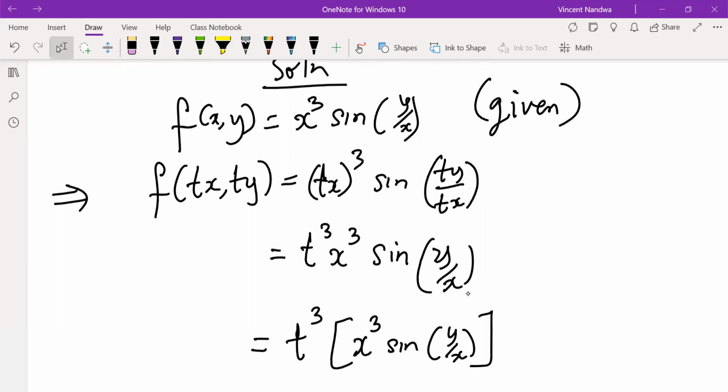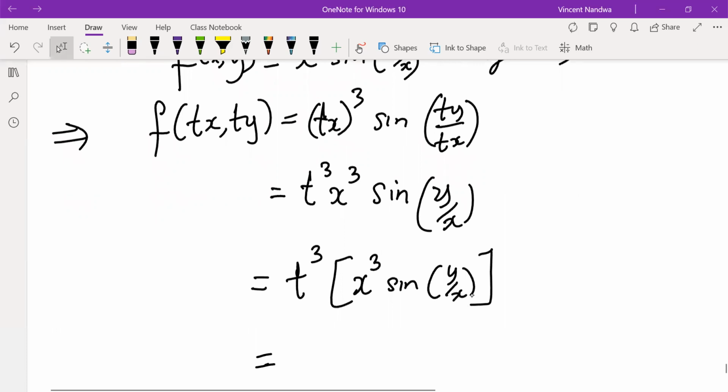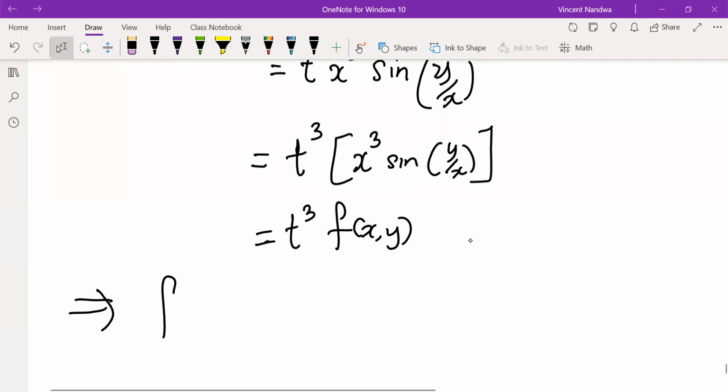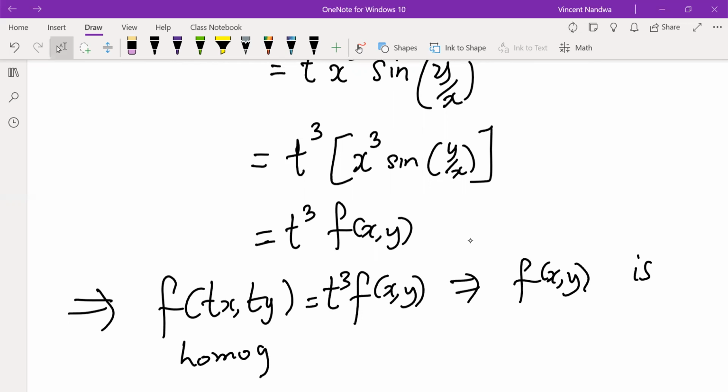And we see by definition that is what we had as our f of xy. So this is the same as t cubed f of xy. So it follows that f of tx, ty is t power 3 f of xy, which means f of xy is homogeneous of degree 3.